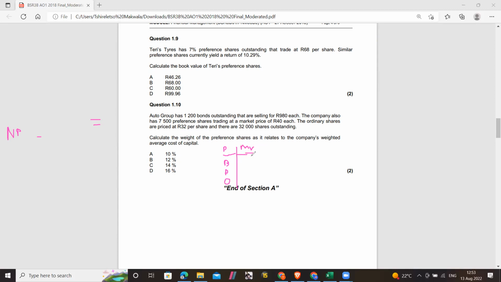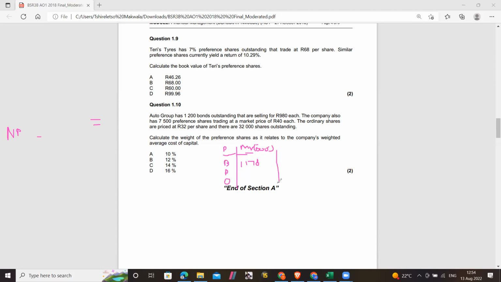Market value for bonds, they say they are selling for 980 each, which is the market value. So we say 1.2 multiplied by 980, that gives us 1,176,000. So I'm not going to write all of these zeros. So this is 1,176,000.